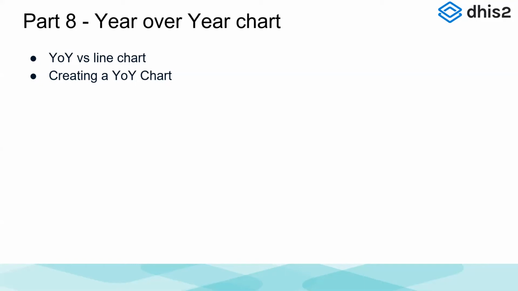But we'll just go through what these are and how to create a year over year chart in our data visualizer app rather than going to the WHO data quality app. So we'll see what is the difference between a year over year chart and a line chart and how to create a year over year chart.